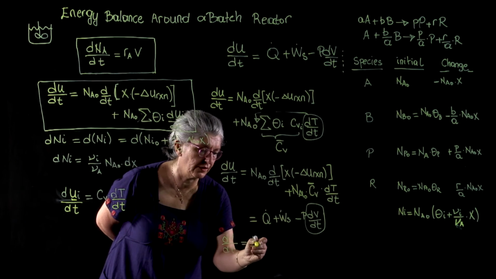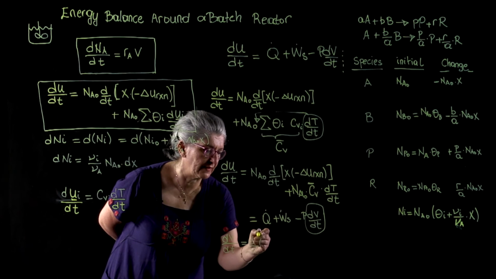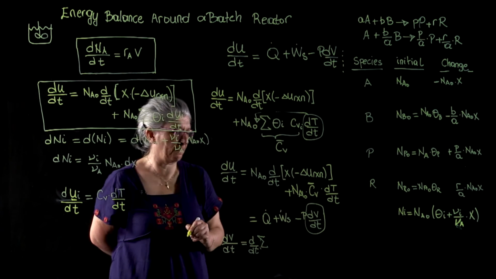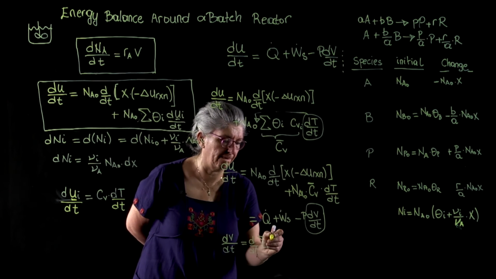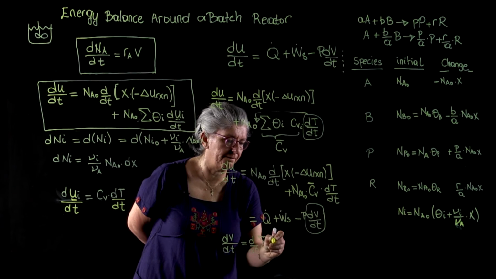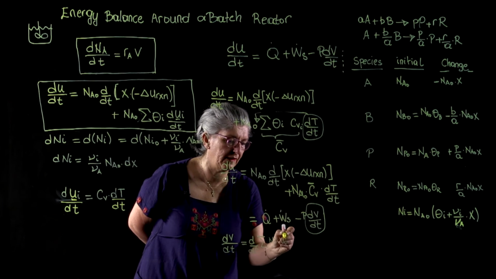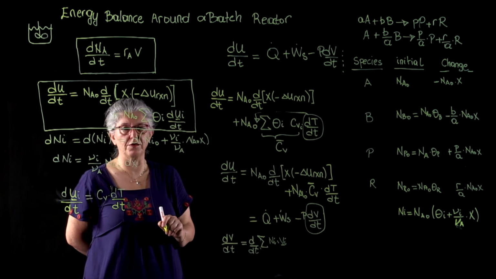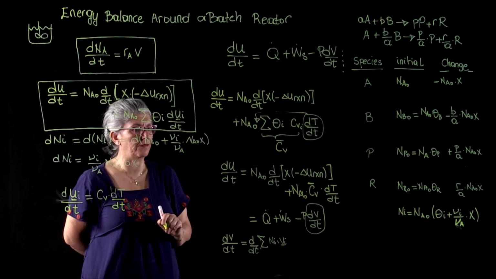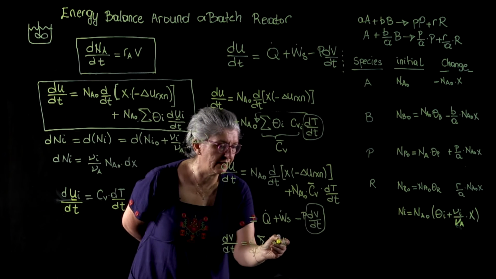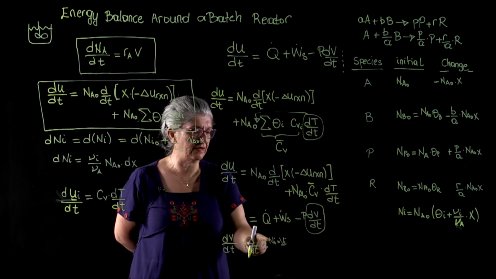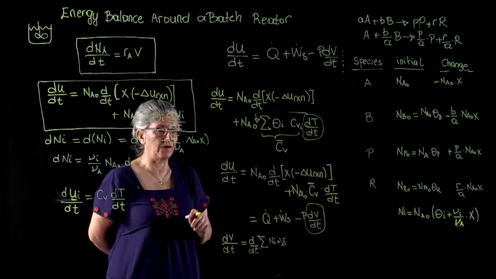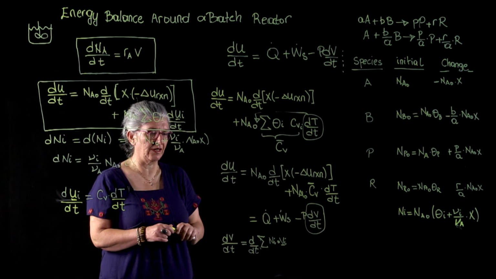This is going to be dV over dt, summation of all the species Ni times Vi. Just like we have started from du over dt as the summation of Ni times Ui, this starts as d over dt summation Ni times Vi. Please follow and finish this derivation for the V term.